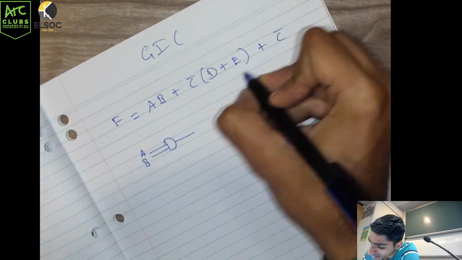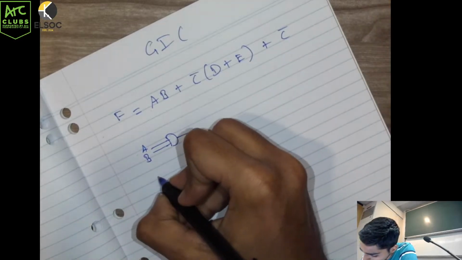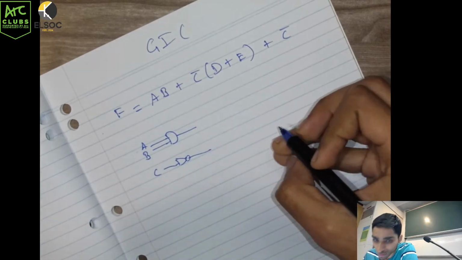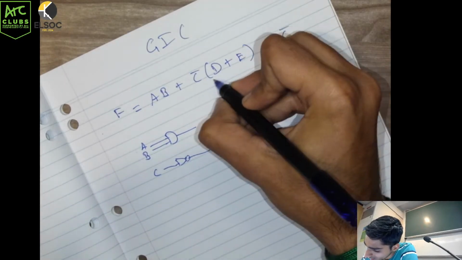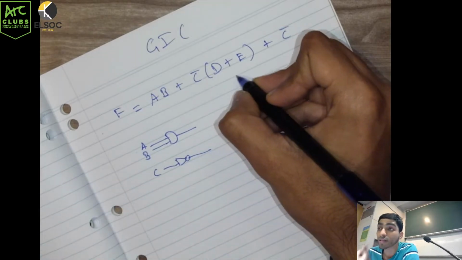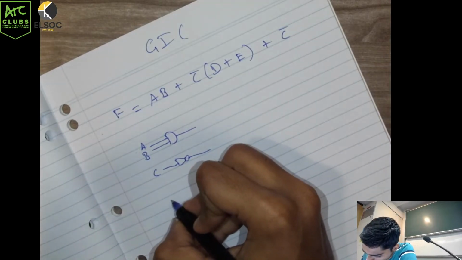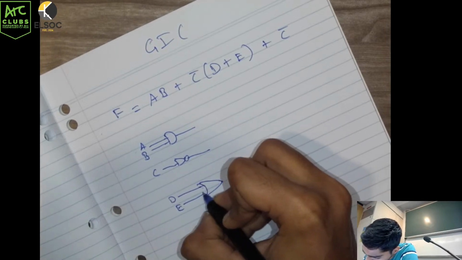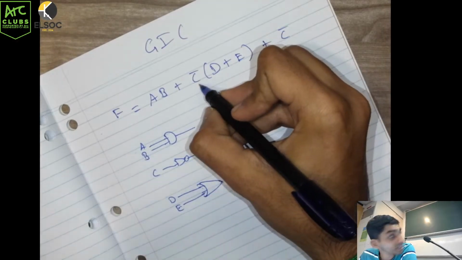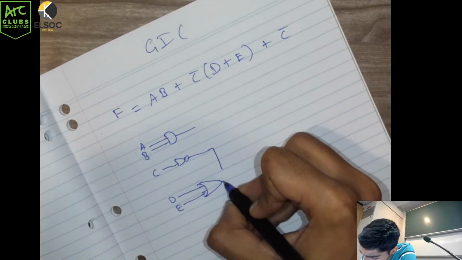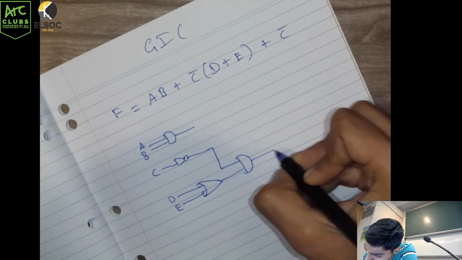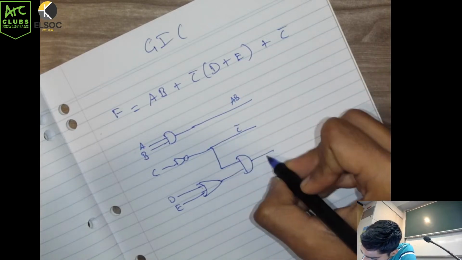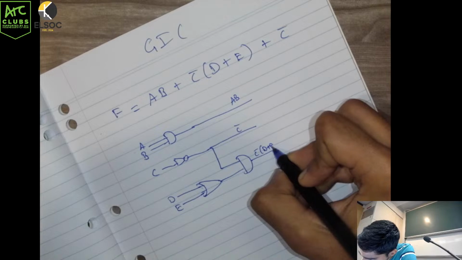And then this one takes a C naught, so we can take a C, pass it through a NOT gate, take the output, and then we have a C naught D plus E. D plus means OR, so we can take a D, E, take that through the OR gate, D or E, and then we're ANDing the C naught and that, so we can take a copy, take that, send it through an AND gate, and therefore this is AB, this is C naught, this is C naught D plus E.